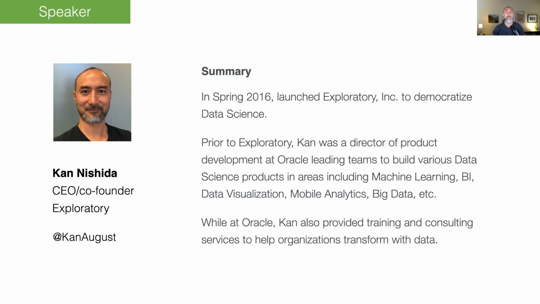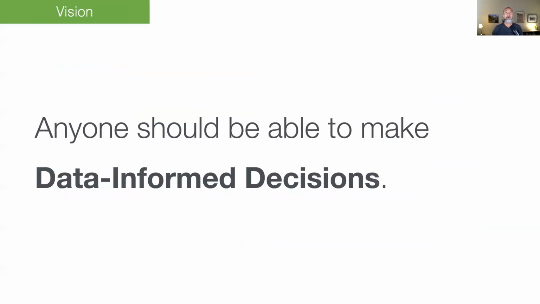So we've been providing the training and the seminars, including this, to share our knowledge and skills so that more people can get into data science and then understand their own data to make better decisions. So our vision is anyone should be able to make data-informed decisions.